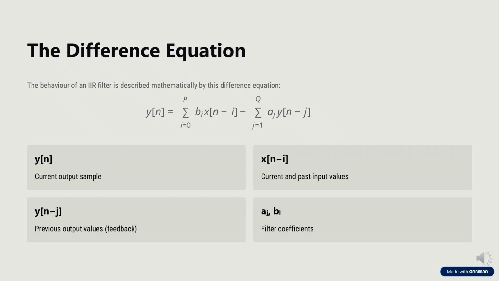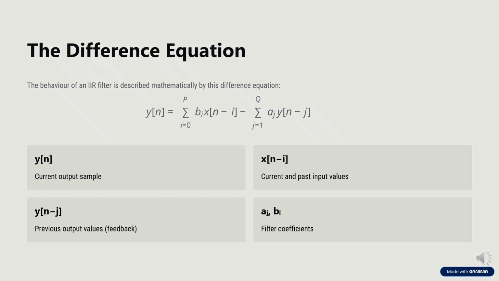Now the first part that you can see, the summation from i equal to 0 to p of b_i x[n minus i], represents the input terms, that is, the current input and the past input values.